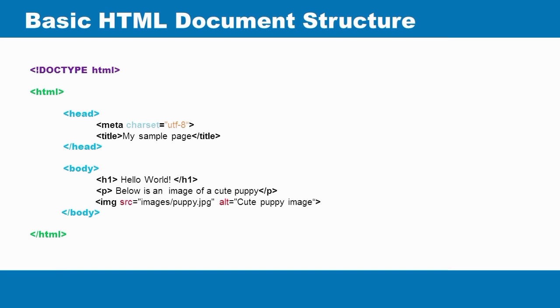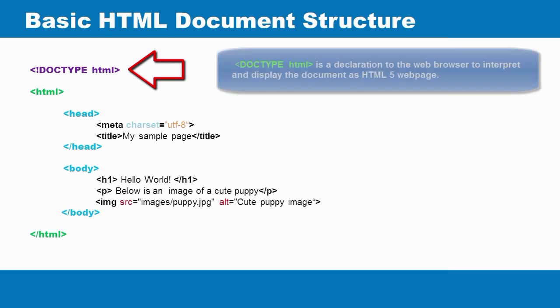I'll start with the doc type. The doc type is what is called a declaration. It must be the very first thing in your HTML document before the HTML tag. The doc type declaration is not an HTML tag.